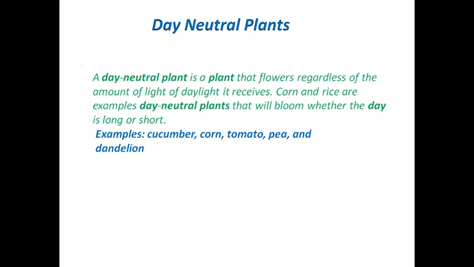Corn and rice are examples of the day neutral plants, and they will bloom whether the day is long or short. So the photoperiod doesn't matter for these plants, and that's why they are called day neutral plants. The examples of the day neutral plants are cucumber, corn, tomato, pea, and dandelion.